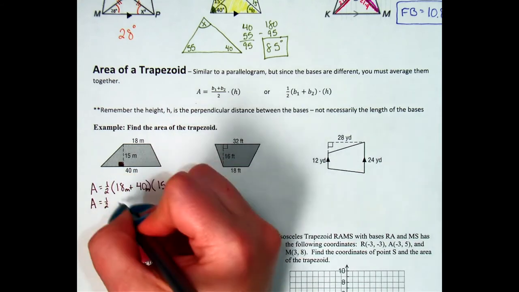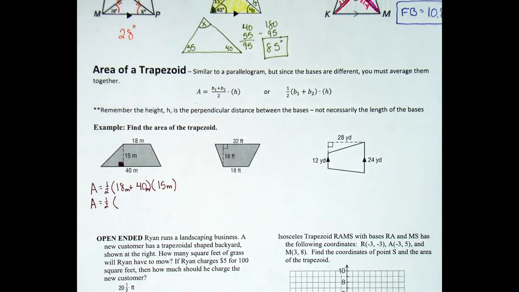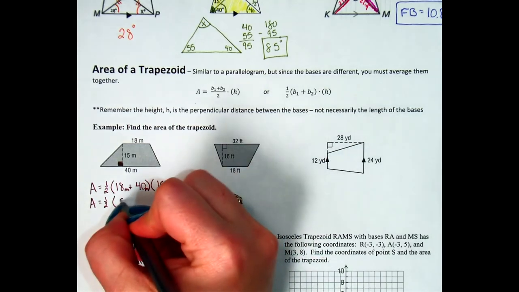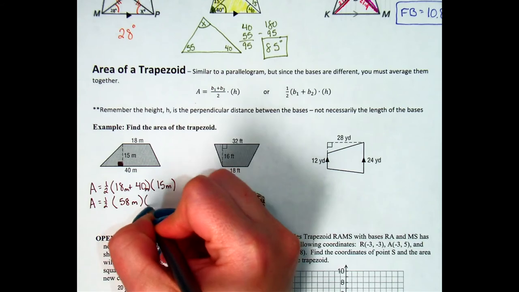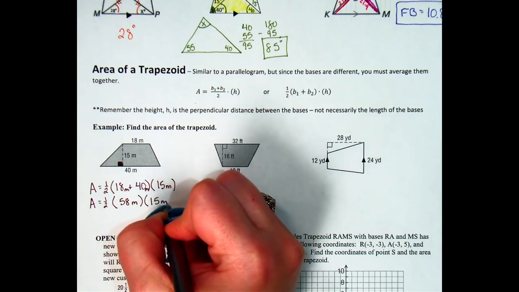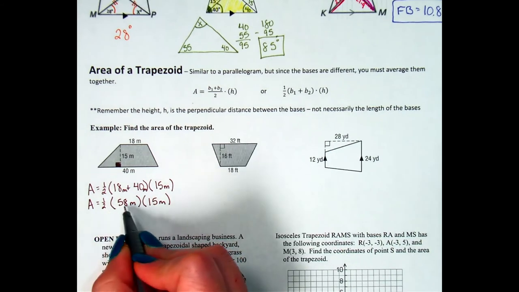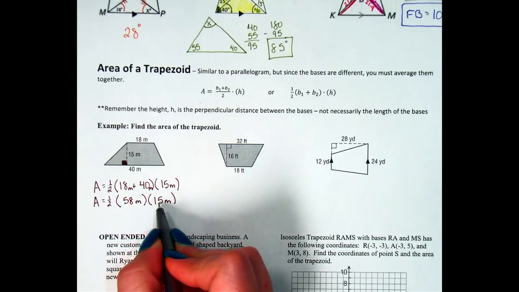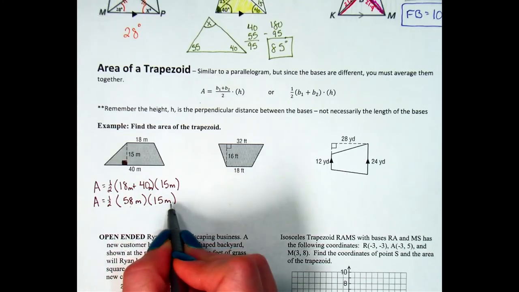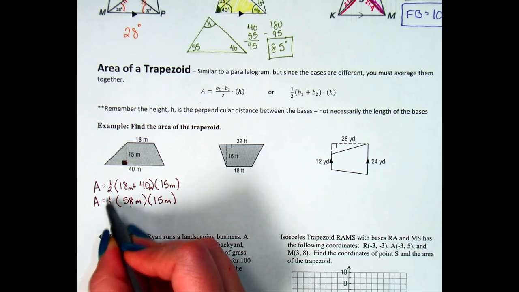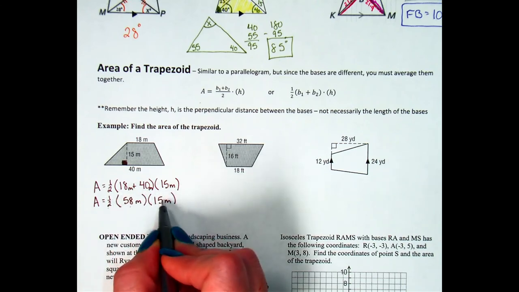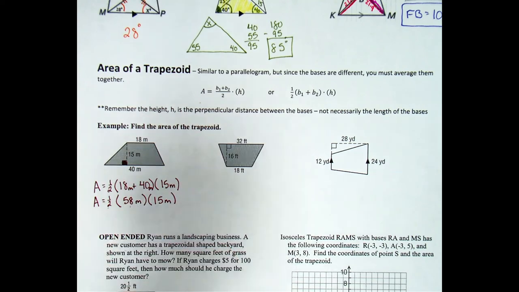So my area equals 1/2 of 18 plus 40 is 58 meters times 15 meters. So again, I can do half of 58 and then multiply that by 15, or I can multiply 58 times 15 and then multiply that by 1/2, or I could even do 1/2 times the 15 and get 7.5 and then multiply that by 58.